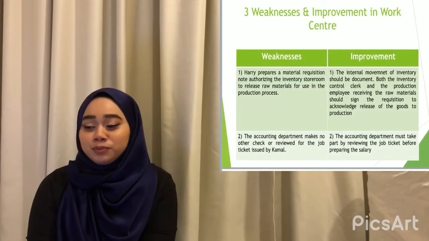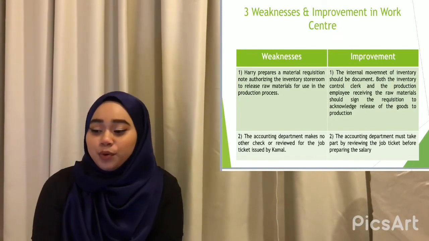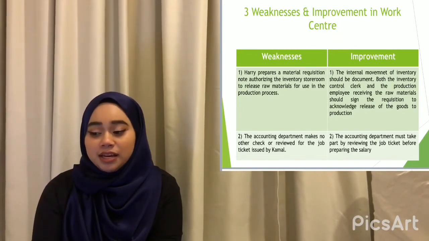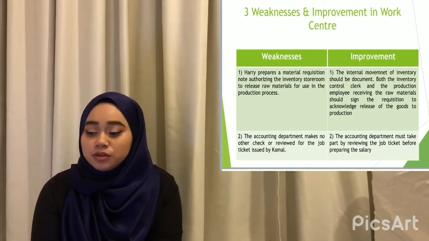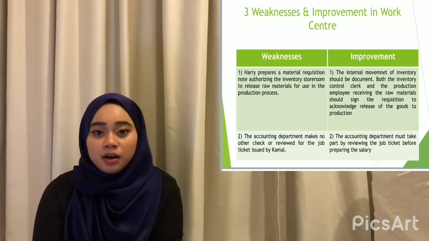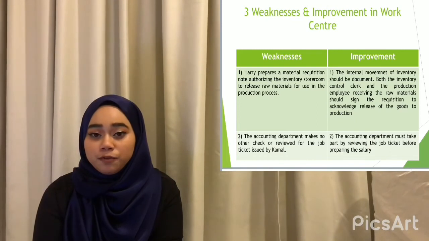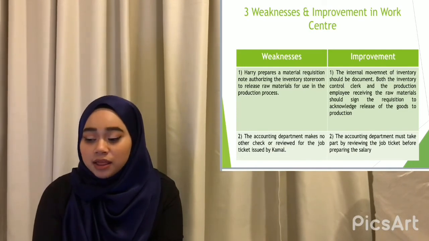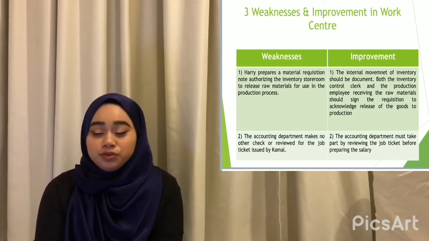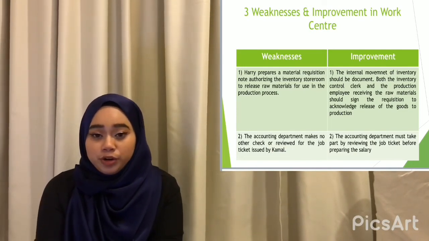Next, I will move to the next slide, which is three weaknesses and improvements in the work centers. So the weakness that happens, by referring to paragraph 1, is that Harry prepares a material requisition note authorizing the inventory storeroom to release raw materials for use in the production process.